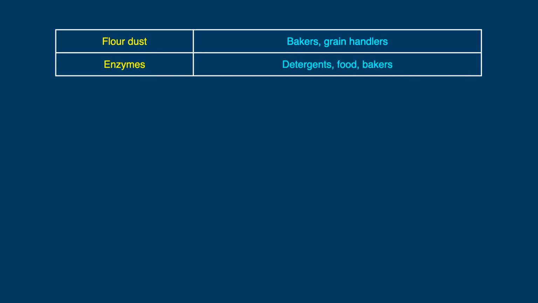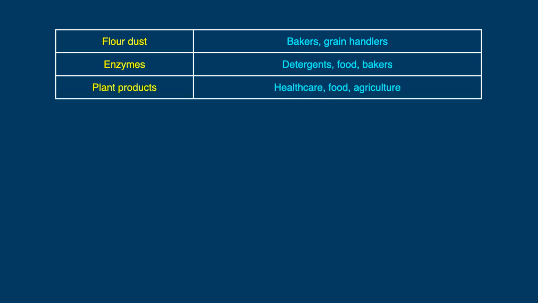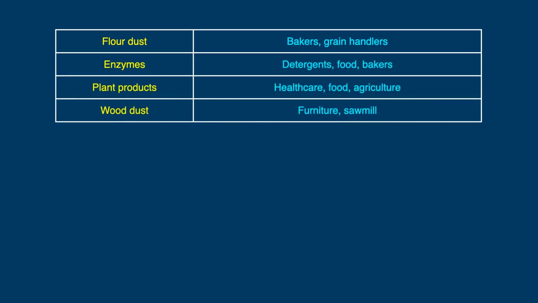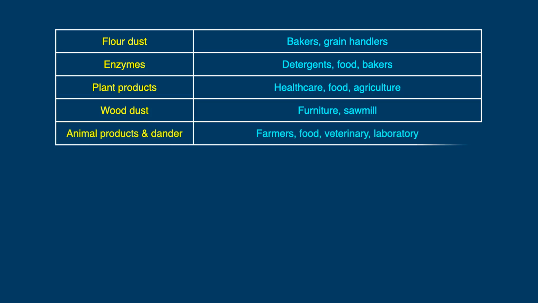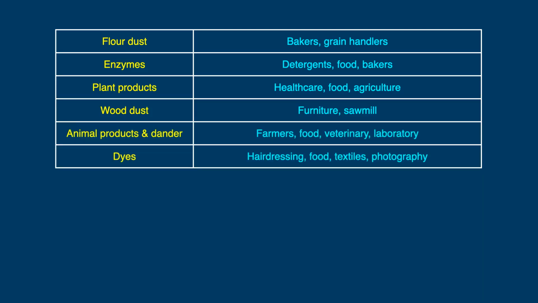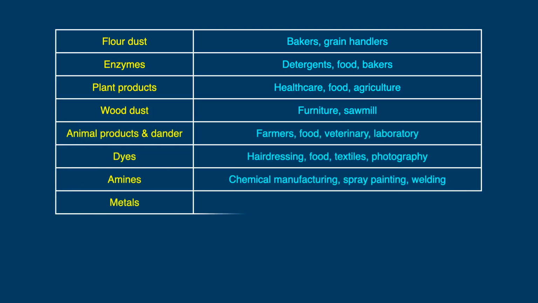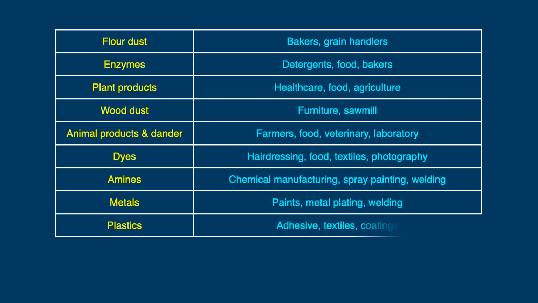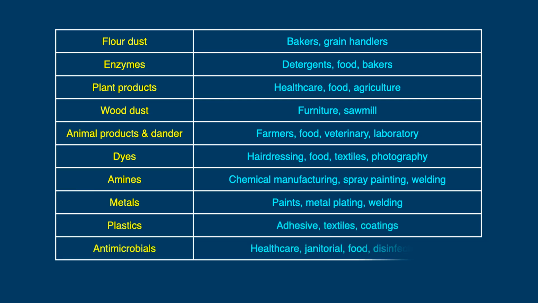This table shows the various allergens and the occupations that are at risk. Healthcare workers, hairdressers, cosmetologists, individuals working in manufacturing and automotive industries, cleaning and janitorial staff, food processing and packaging workers, animal handlers, and individuals working with metals.